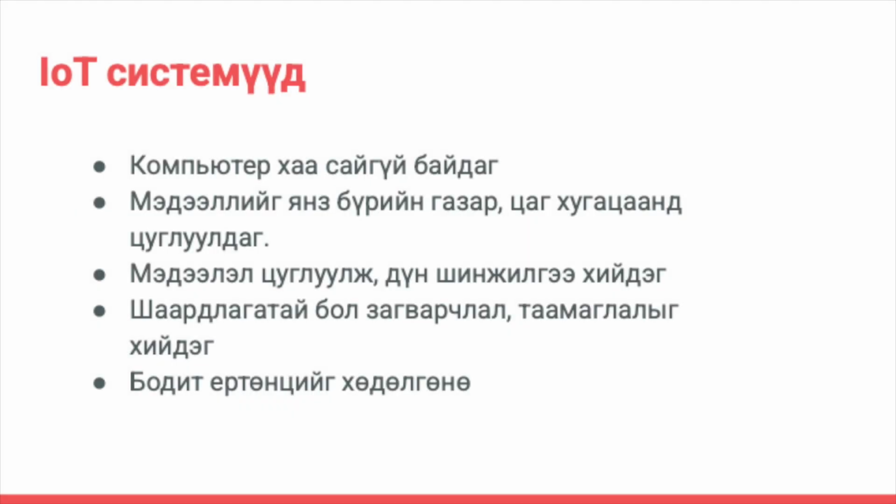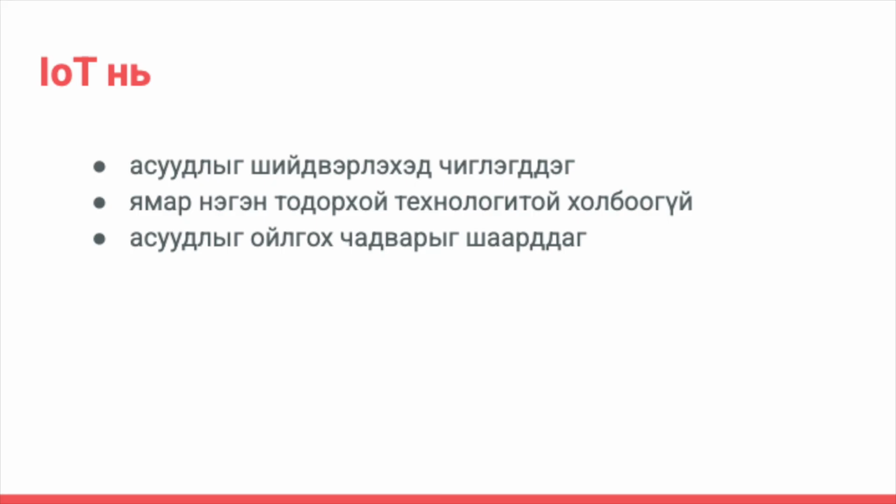In IoT systems, computers are deployed everywhere, collect data, and communicate with each other. Data are accumulated and analyzed. Models are built, and forecasts are made if necessary. It acts on the real world by controlling machines and humans.